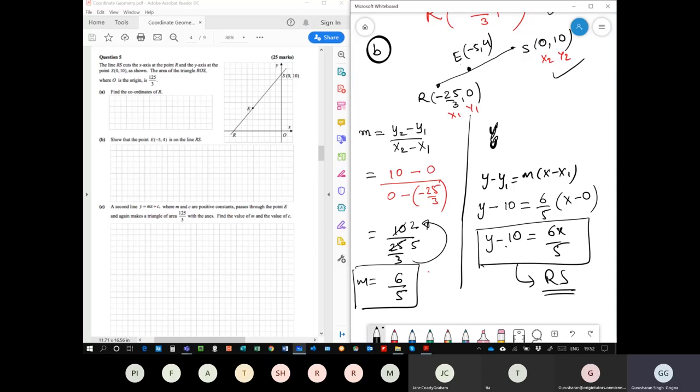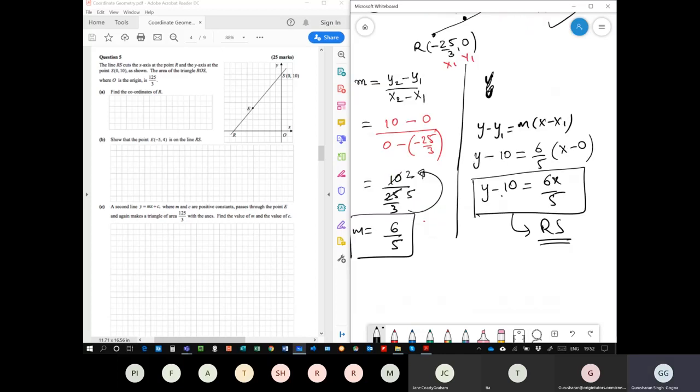But what they are asking you to prove? They are asking you to prove that point E is on this line. So use the concept. Let's use the left hand side, y minus 10. What's the value of y for coordinate E, for point E? 4. So 4 minus 10 will give you minus 6. Okay. Right hand side. What is right hand side? 6x over 5.